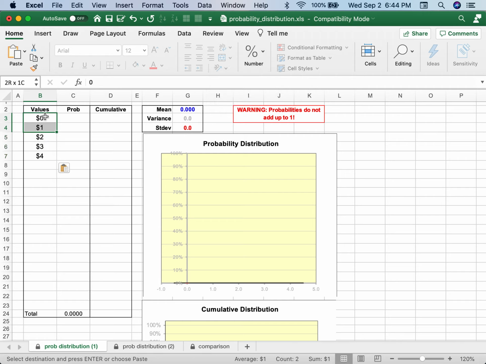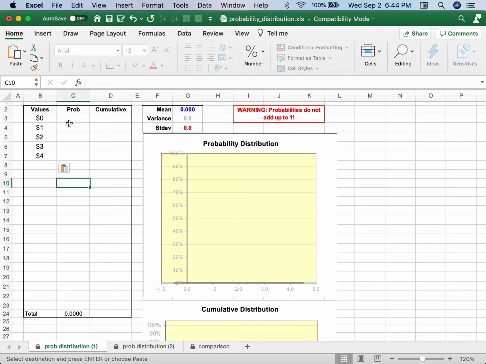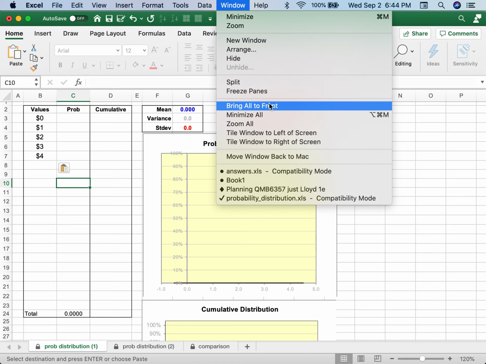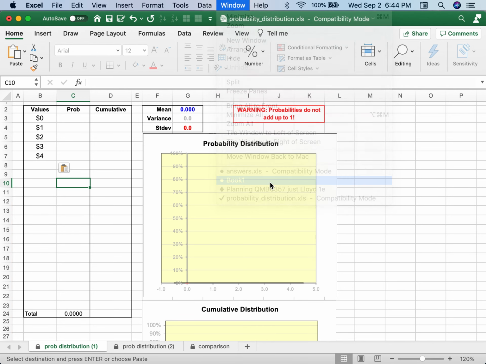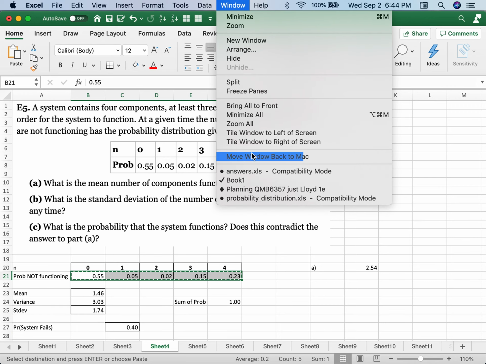Oh dear. See if I can do it. Might be that the sheet is protected, so it's not letting me do it. Well, by the same token, I could go over to the window for book one and take the probabilities, which are here, copy them, and go to book one.